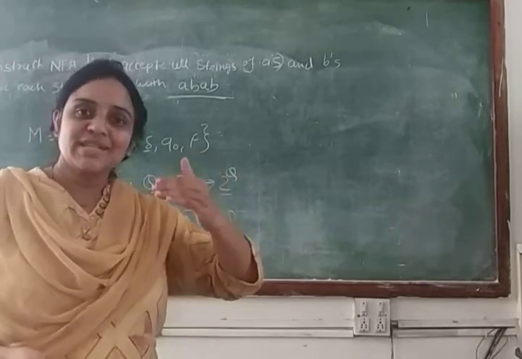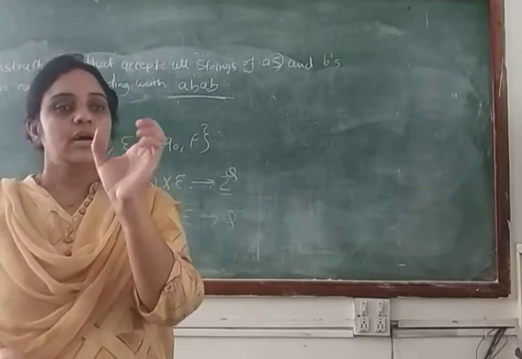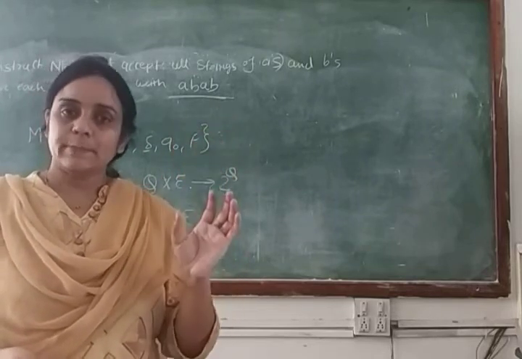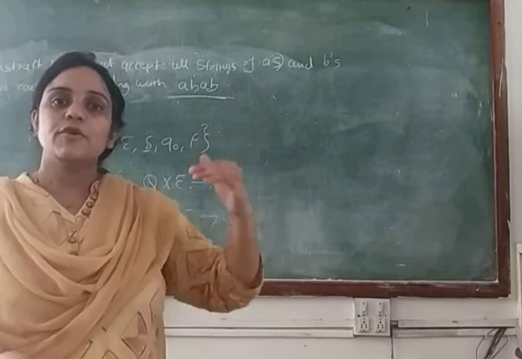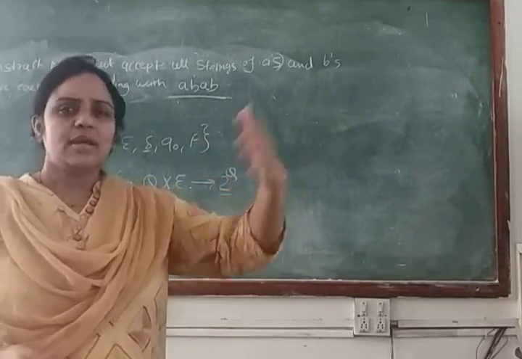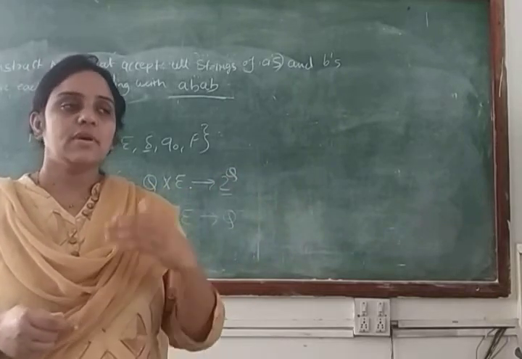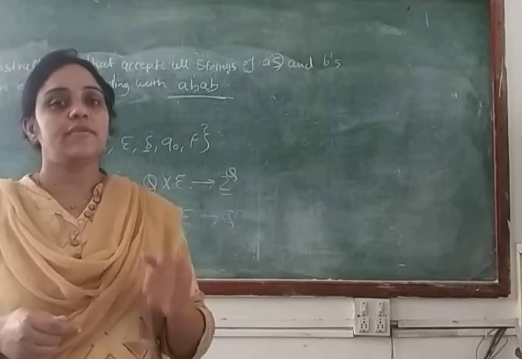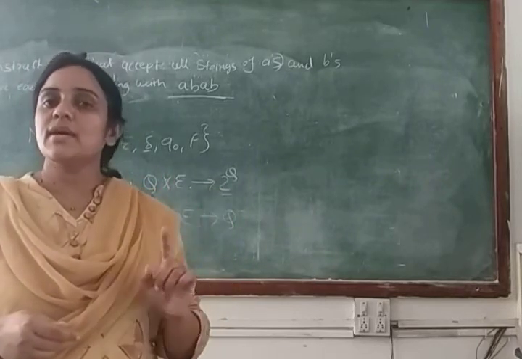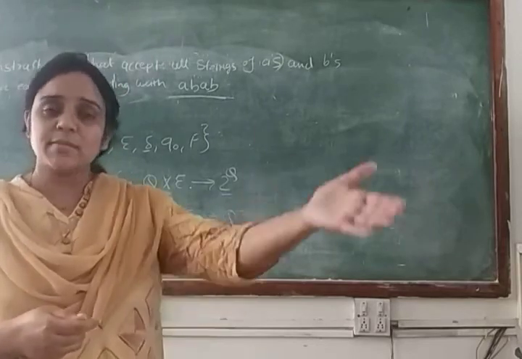Whenever your machine accepts a string, you can say this string is valid, or this language is the valid language for that machine. That's why for DFA, NFA or epsilon NFA you have to make a final state. If you do not, we cannot identify what type of strings are accepted by this machine.